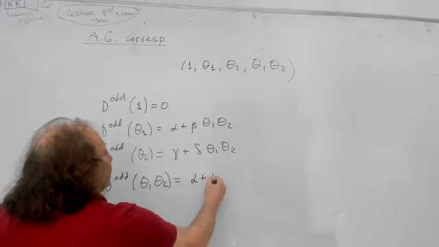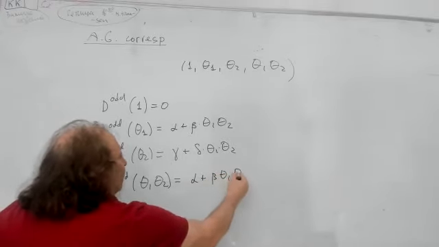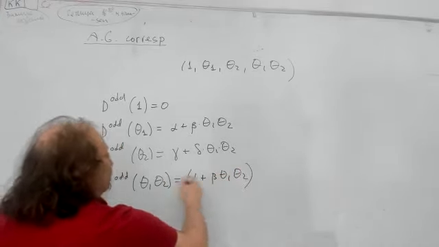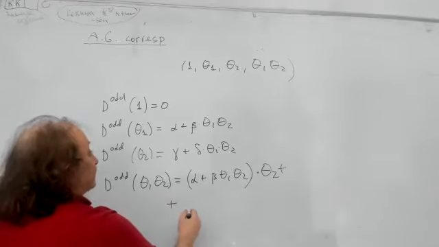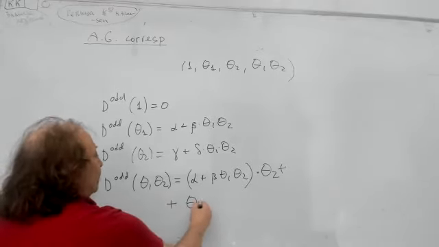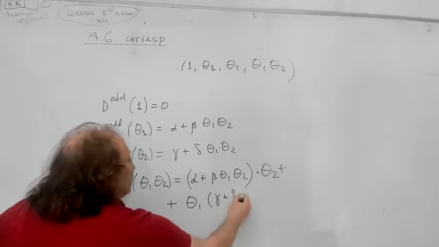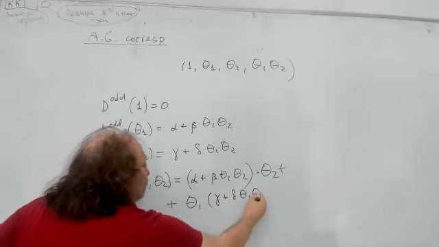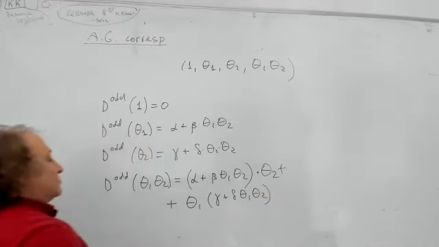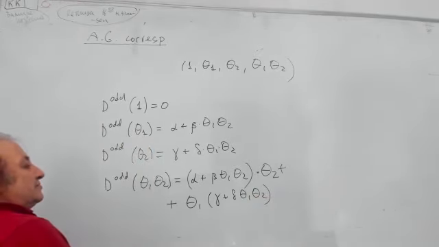Alpha plus beta theta 1, theta 2 times theta 2 plus theta 1 times gamma plus delta theta 1, theta 2. All right? Why plus?